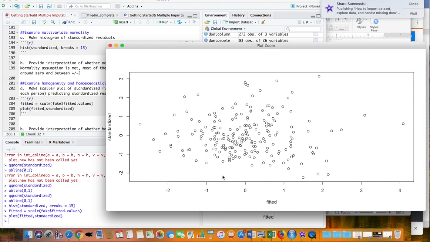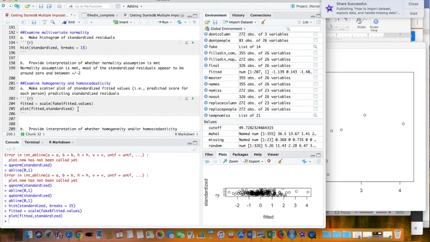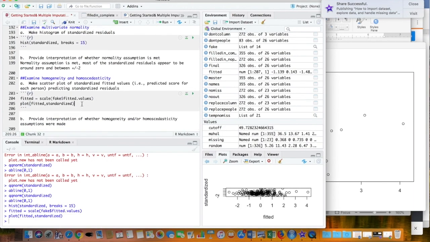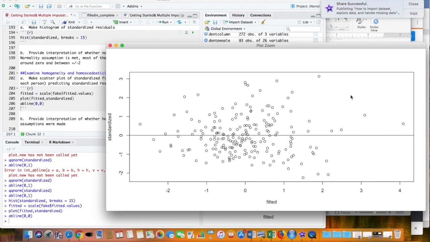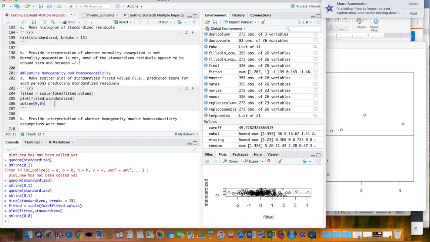Standardized, of course. Let's make some lines across the x-axis and the y-axis, just to make some quadrants that might help with interpretation. So abline, 0 and 0. Let's do v equals tree.